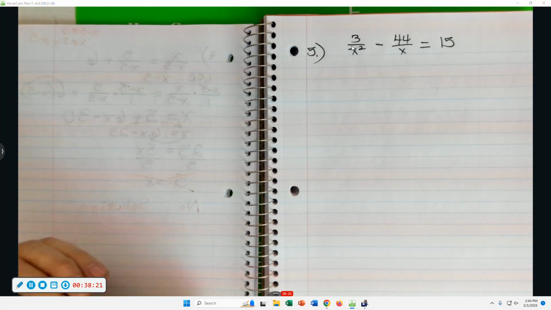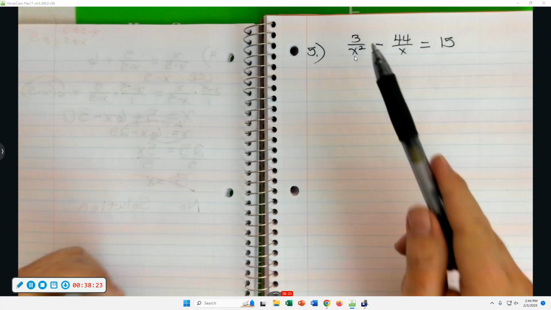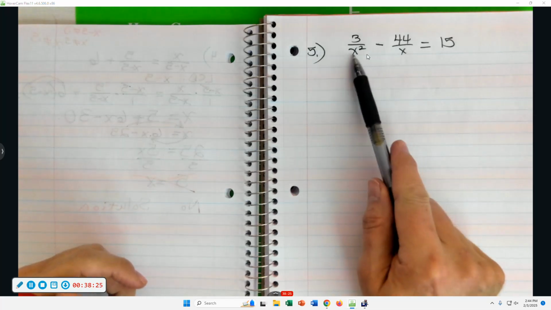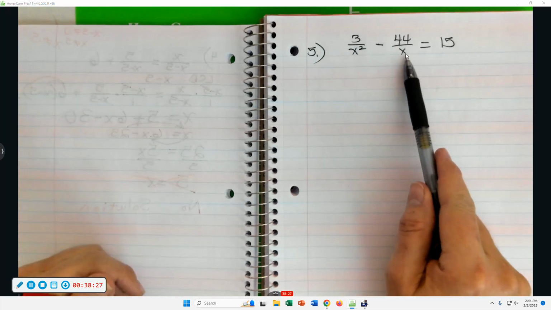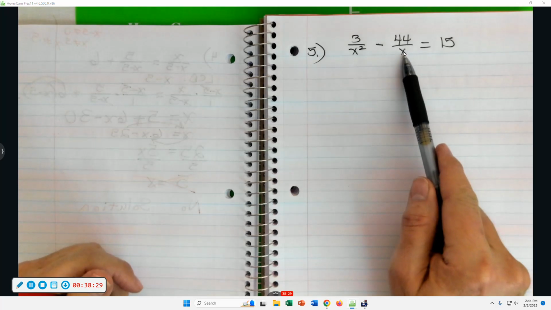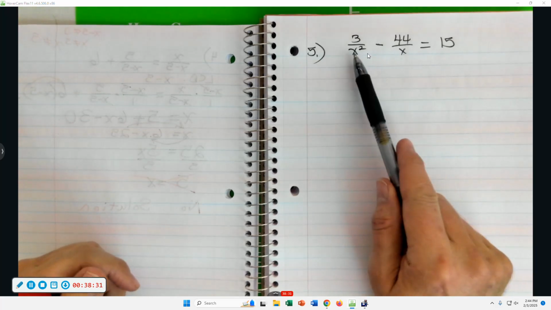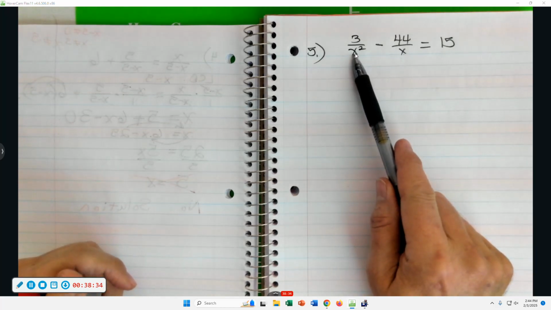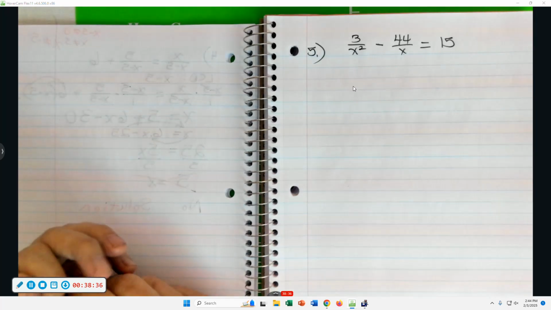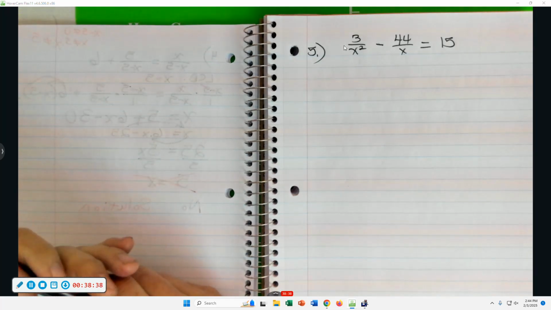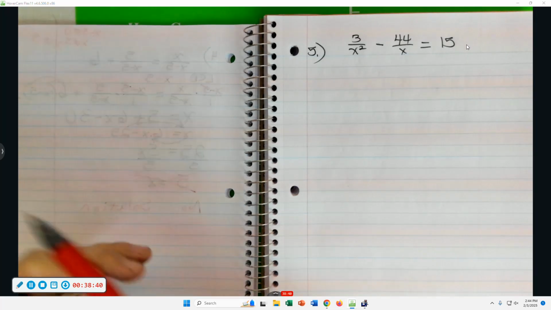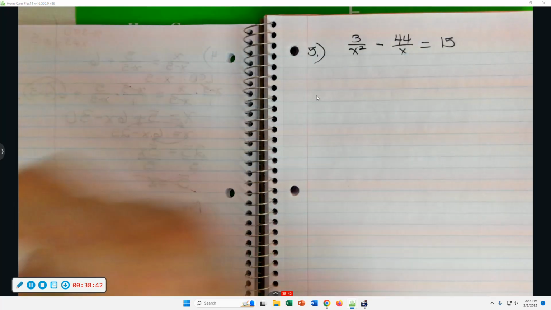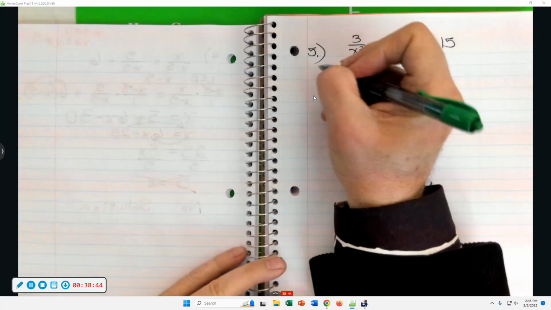It's not an x plus 5 or an x squared minus 4. It's just single terms. I claim we have repeated factors here. Here we have an x to the first power. Here we have an x squared. Well, what would the least common denominator be? The most common mistake is that people decide that the least common denominator is just an x.